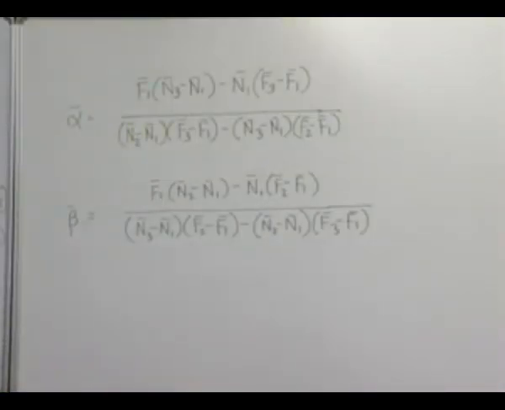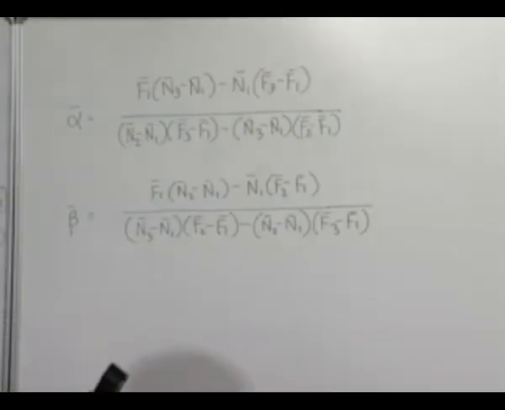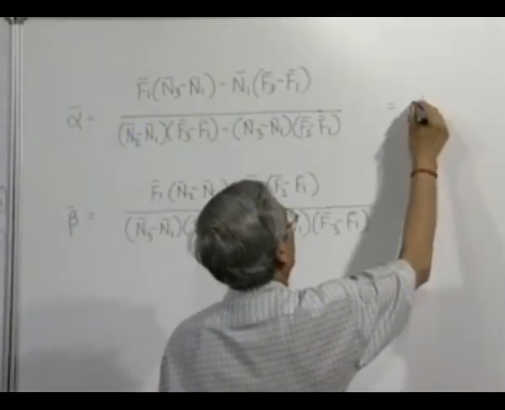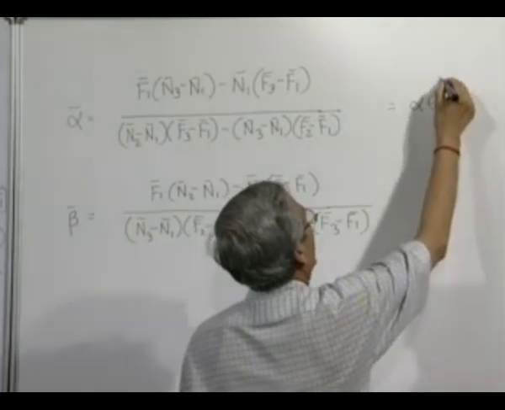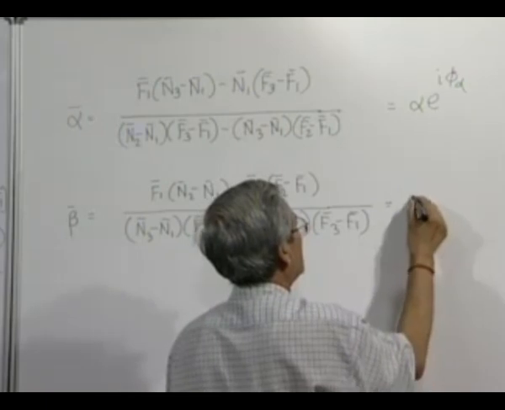I think this is just solving simultaneous equations. So, ultimately, solving these quantities by graphical construction, it will give you alpha e to the power i phi alpha. This will be beta.